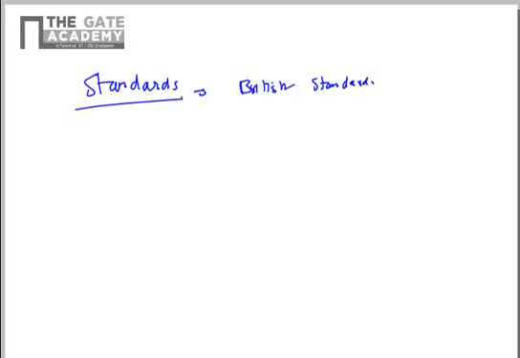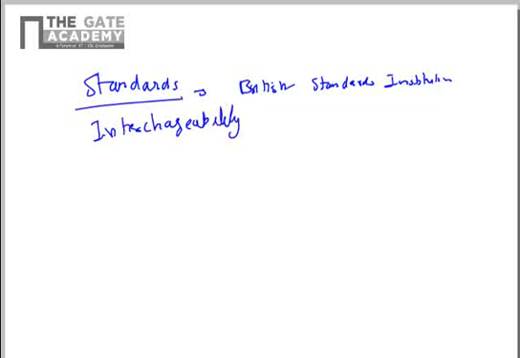In gear terminology, some standards are defined by the British Standards Institution. So they have defined some standard gear profile. Due to that, interchangeability is achieved.